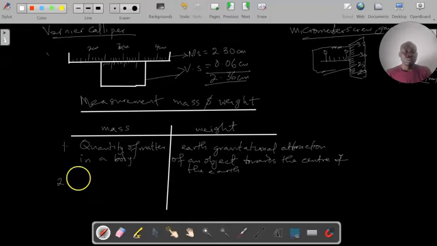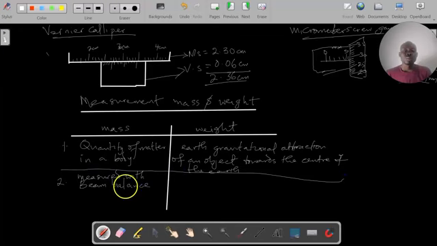Then we said mass is measured using beam balance. Beam balance is usually used by those that sell. Sorry, I have to be fast because I don't want this video to exceed the time frame.